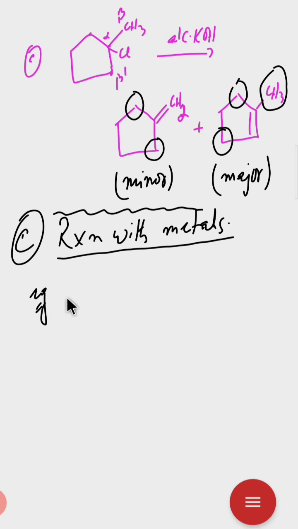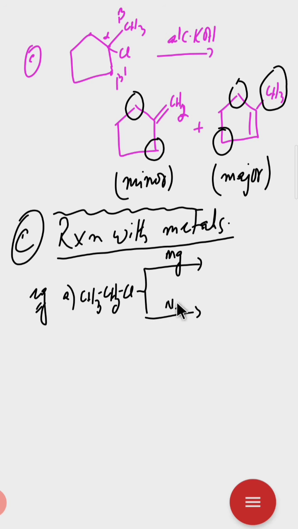The first example is, if this haloalkane, I'm taking ethyl chloride, is reacted with magnesium, what will happen? And if it is reacted with sodium, what will happen? These are the two metals mentioned in NCERT. There are also other metals which can be reacted with alkyl halide, but that is not asked in the examination.